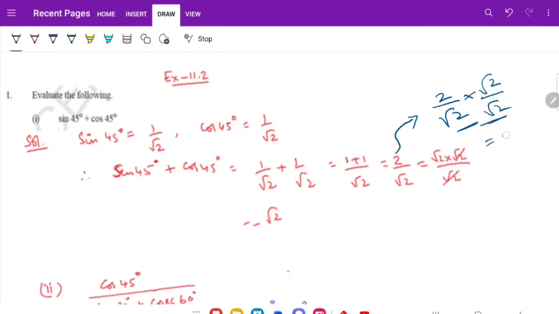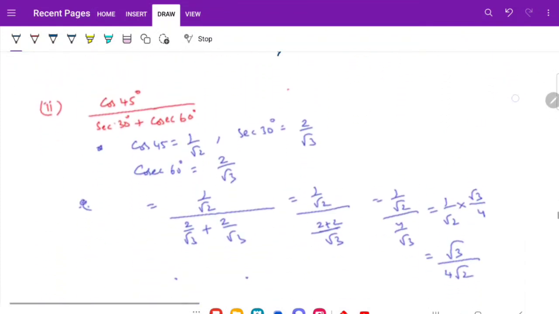So the 2 will get cancelled. You can also do it like this. This is what is called rationalizing the denominator. In the answer we have to be sure that the square root is not there in the denominator. You have to remove it.